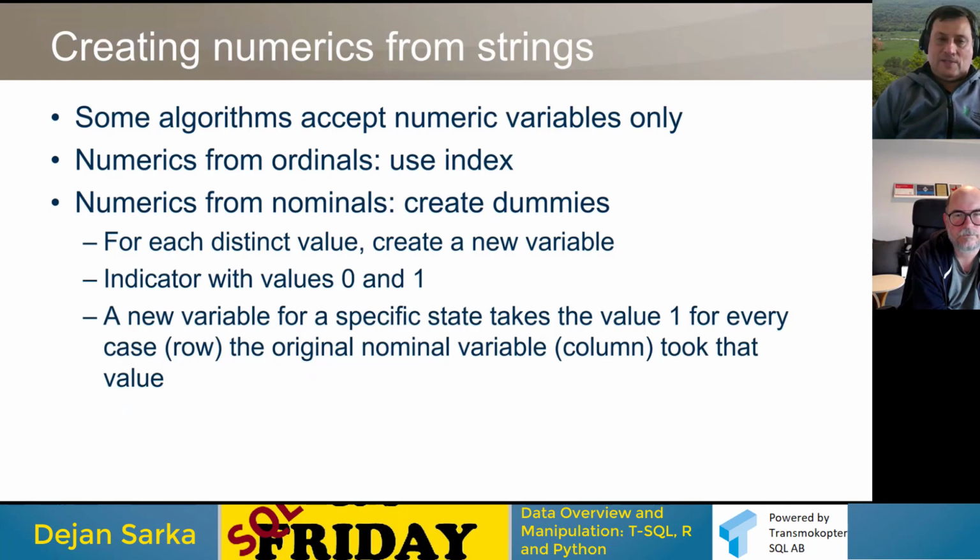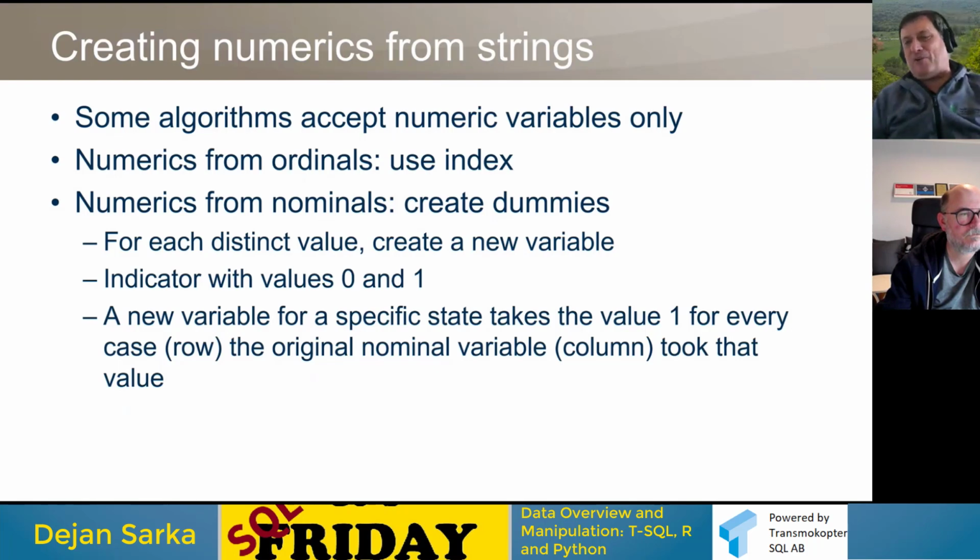And then you can use these variables. But one very important warning here. Remember degrees of freedom. I said they are not really important so much anymore, yet here they are extremely important. Remember that one value is not free, right? So in further analysis, you should use n-1 dummies. Why?